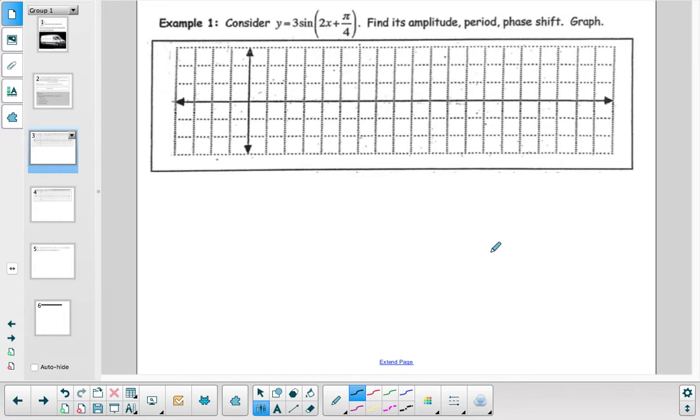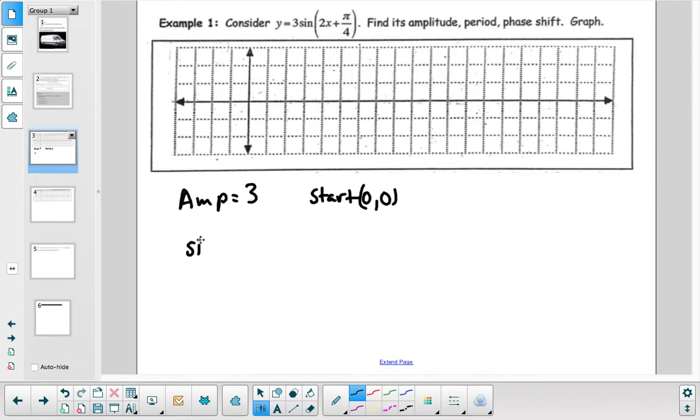All right, graphing these things. 3 is our amplitude. I just write all these things out so I don't have to think about them later. Amplitude, and our starting position is going to be 0, 0 because it's sine. This starting position will get adjusted a little bit because of our phase shift, but we can still find everything else out.